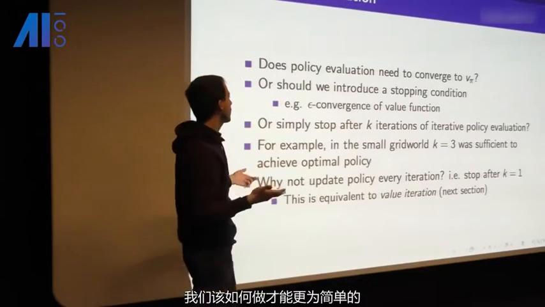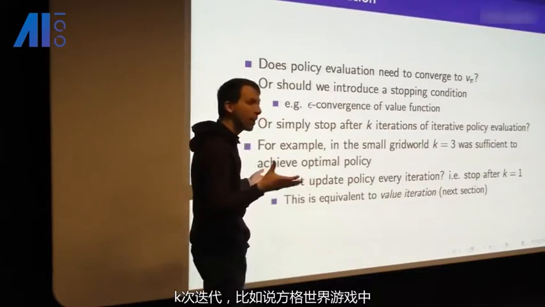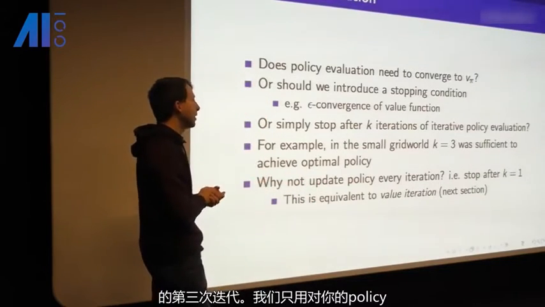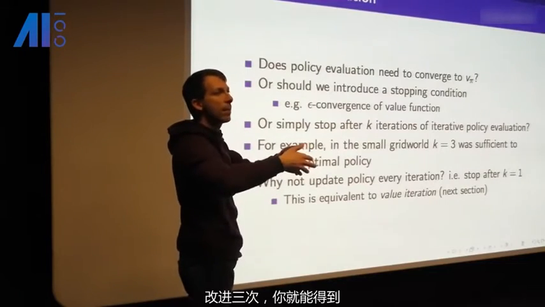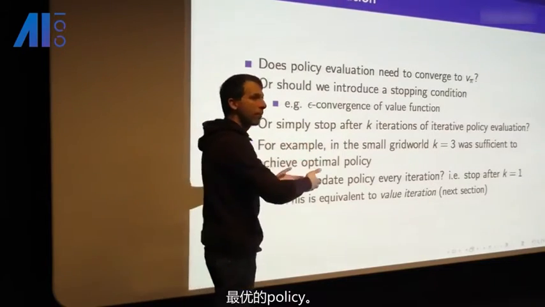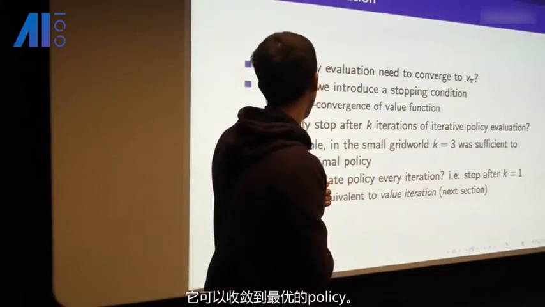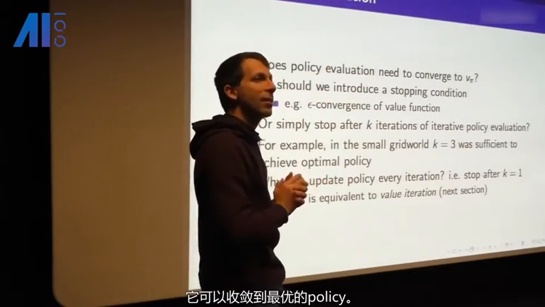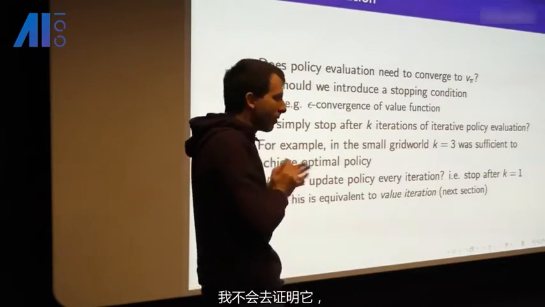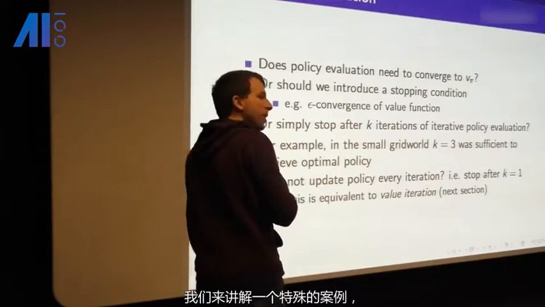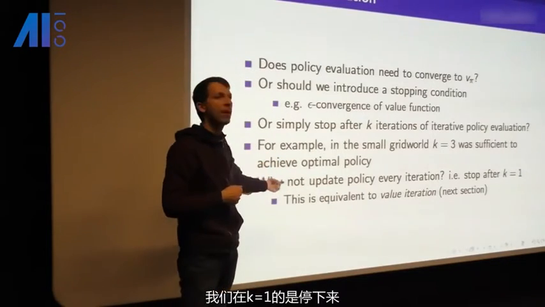So what happens if we do something more naive, like take k iterations of iterative policy evaluation, like 3 in the small grid world, then improve your policy, then 3 more steps of evaluating, and improve again? This is a perfectly reasonable algorithm, and it still converges to the optimal policy. I'm not going to prove that, except in one special case, the extreme case, which is when we stop after k equals 1.